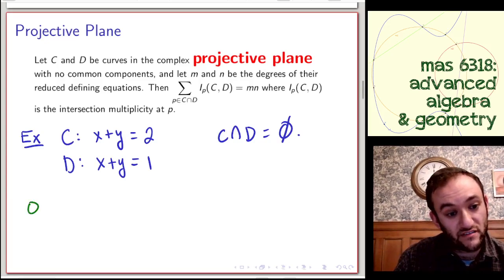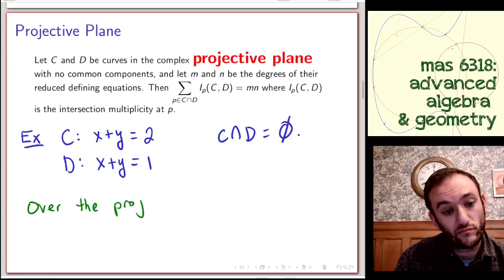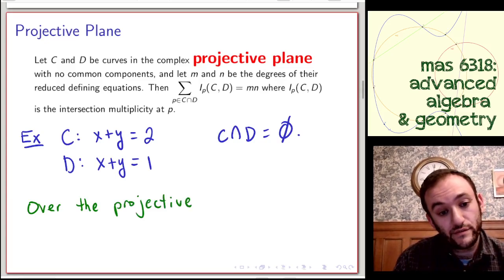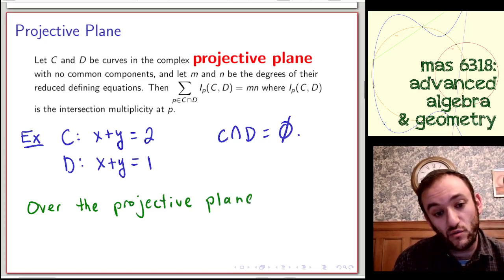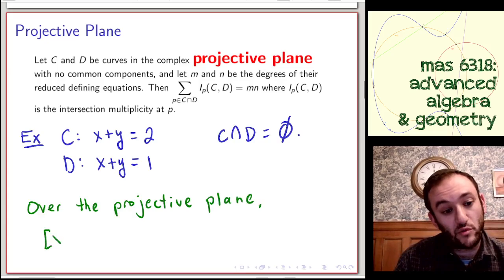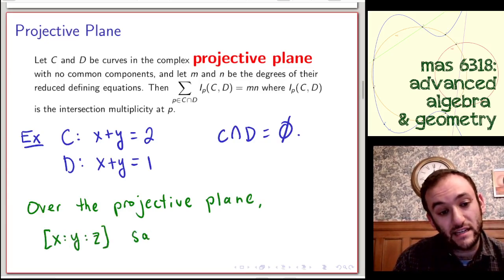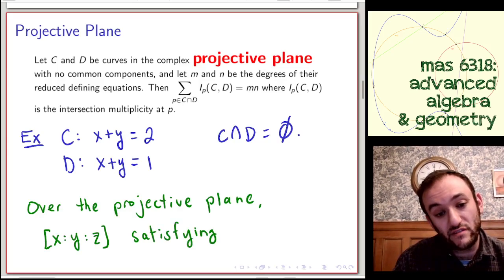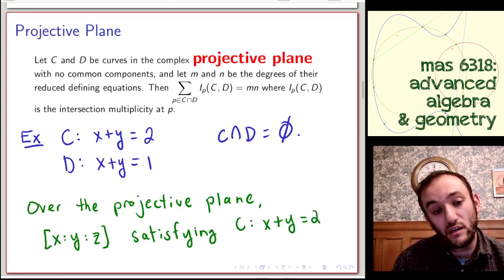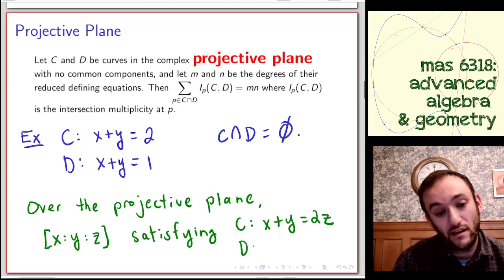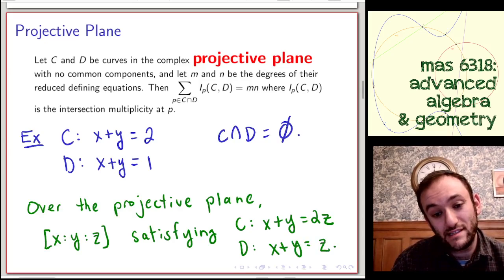But over the projective plane, we switch to homogeneous coordinates. So we're looking at points x, y, z satisfying, and then we take the homogenized versions of these equations. So C gives x plus y equals 2z, and D will be x plus y equals z.